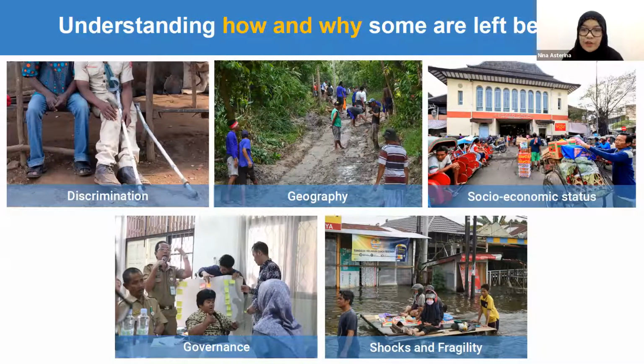From the pictures we can see one example of a flood happening in one city of Indonesia, which makes it difficult for disabled persons to go about daily life during this moment. So it was quite hard for them to get involved in the process. And the next slide, please.